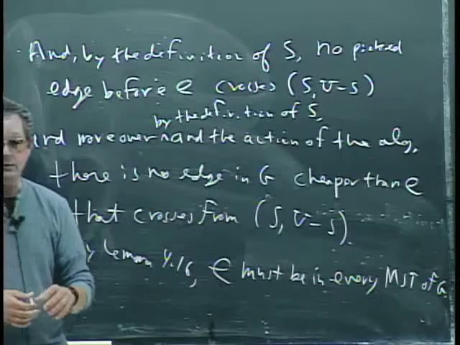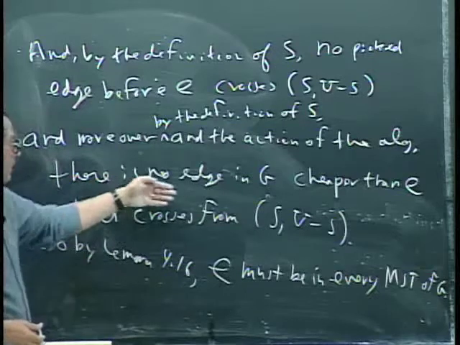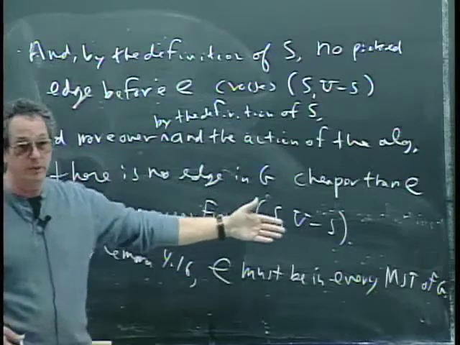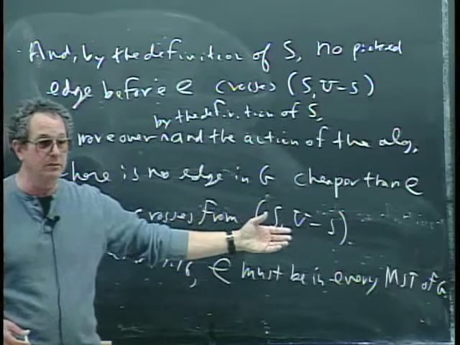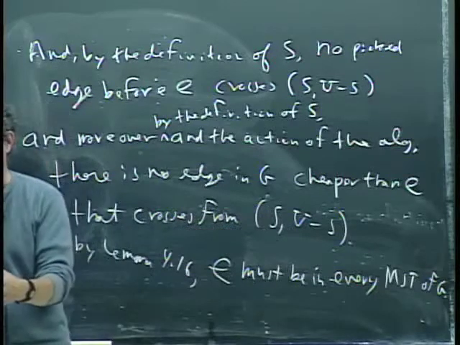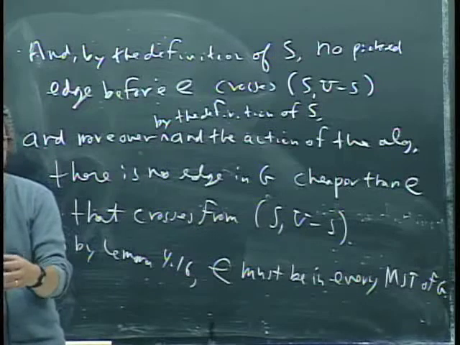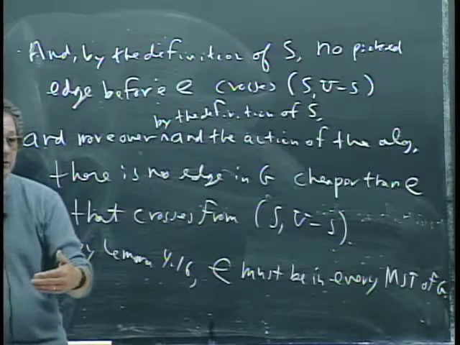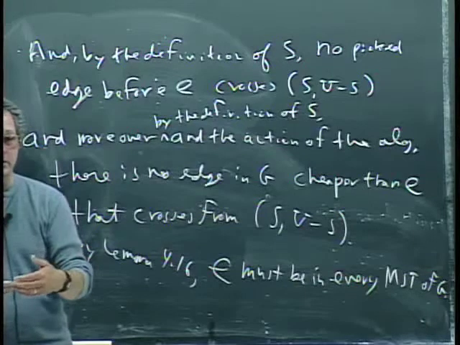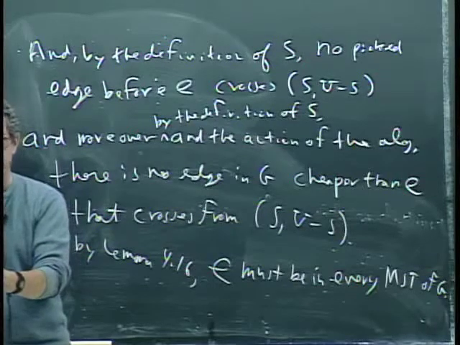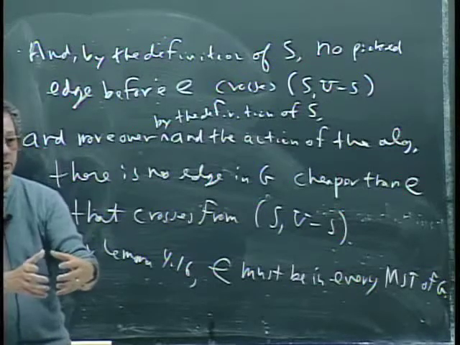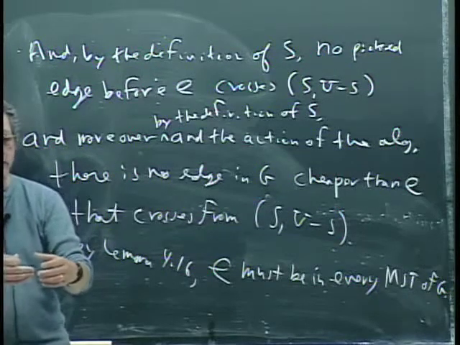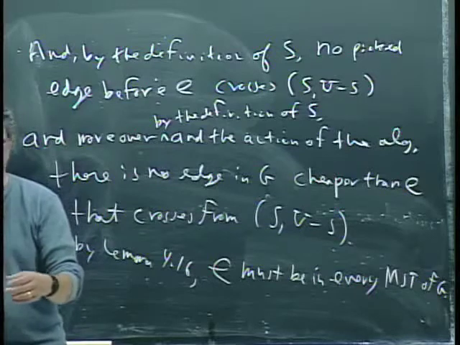So there isn't in G an edge that's cheaper than E that crosses from S to V minus S, because had there been one, the algorithm would have picked it, because that edge certainly would have been considered, and adding it would not have created a cycle, because S is connected and V minus S is disconnected from S. So you could definitely add an edge in there without creating a cycle.